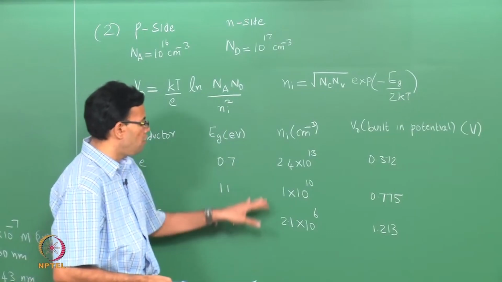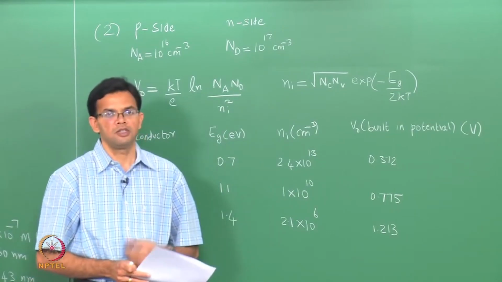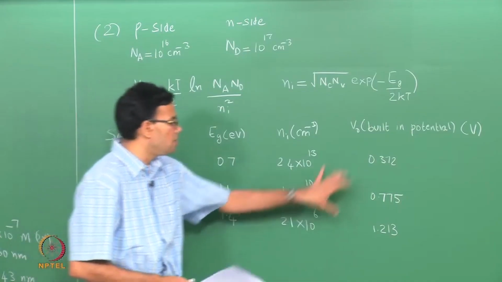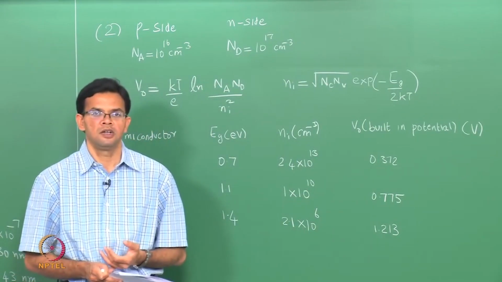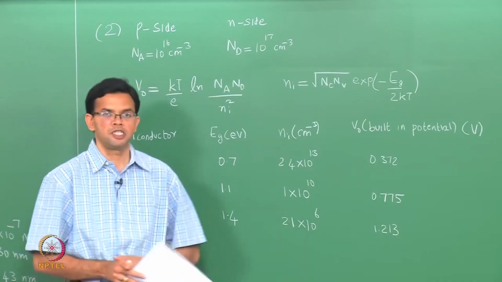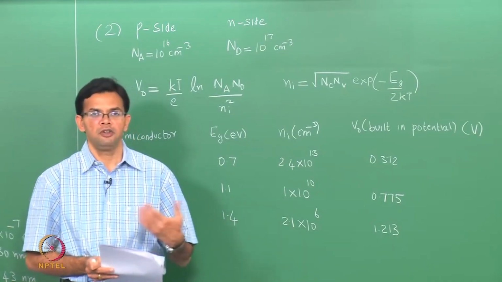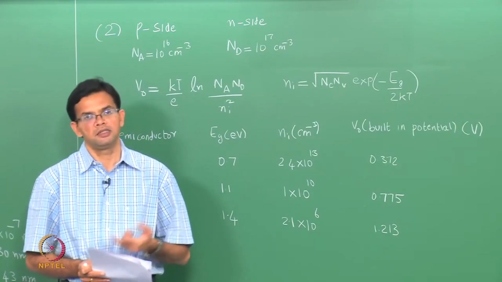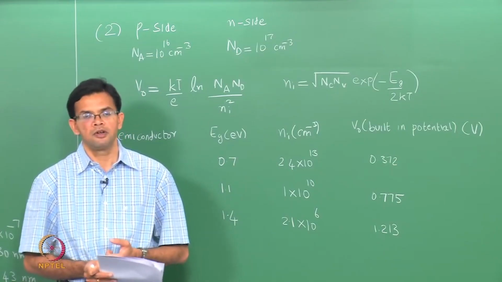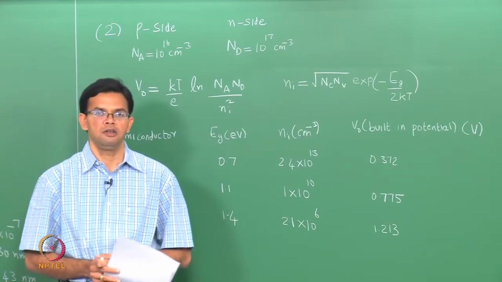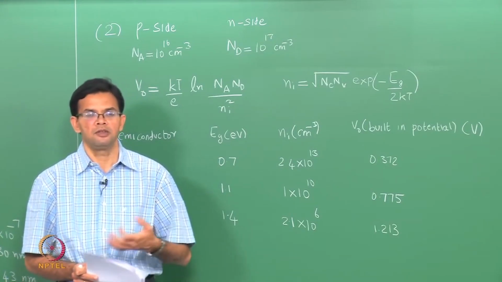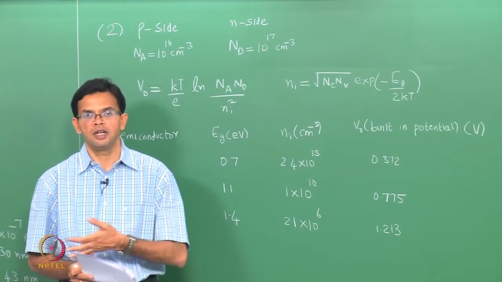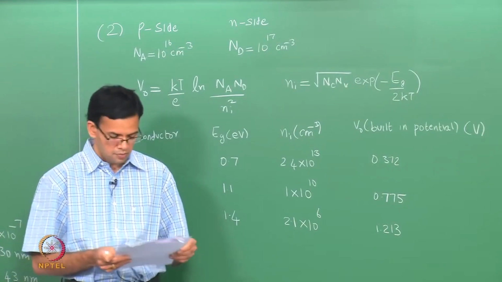So, as the value of Ni goes down because you have a higher band gap, the built in potential at the junction essentially increases. This information is especially useful when you are trying to build devices with materials apart from silicon, because once you know the built in potential, you would also know what kind of current needs to be applied through the circuit for a particular kind of application.